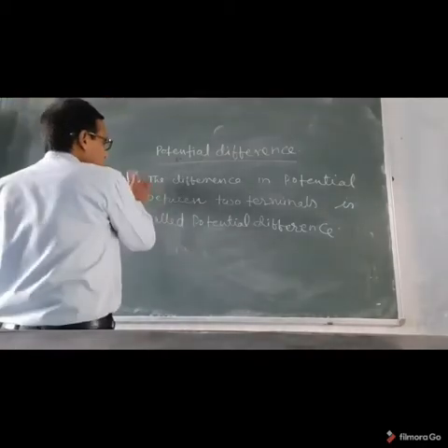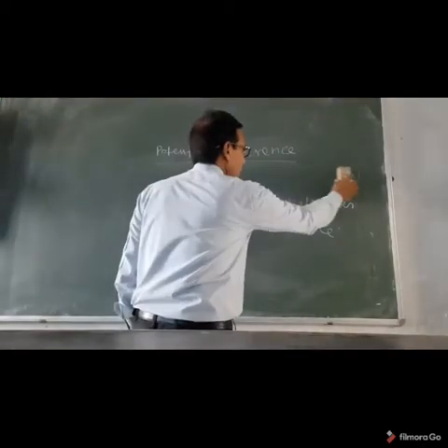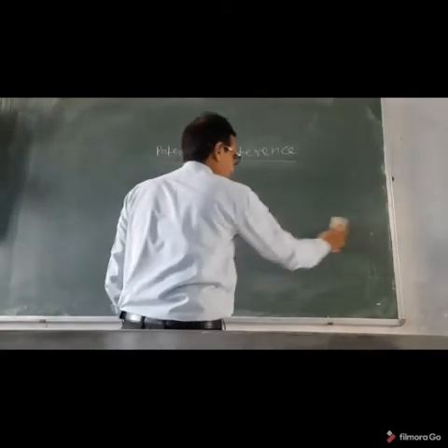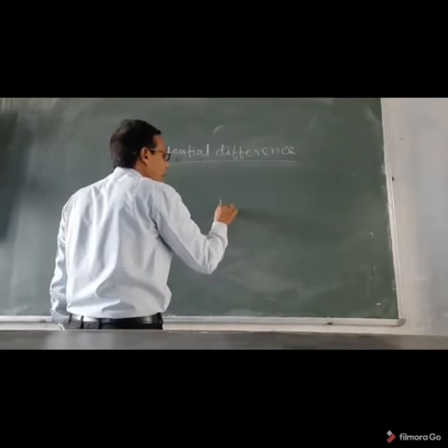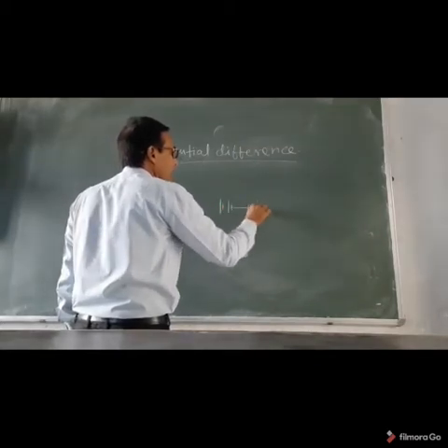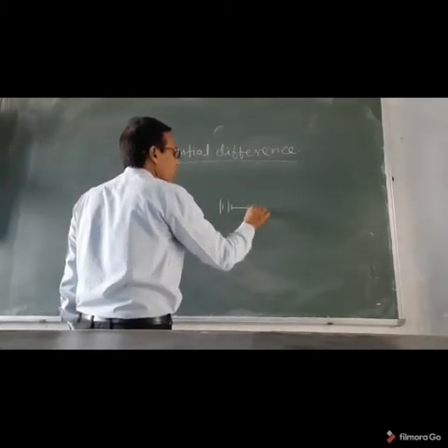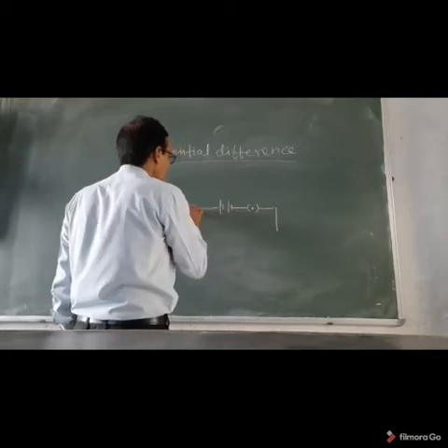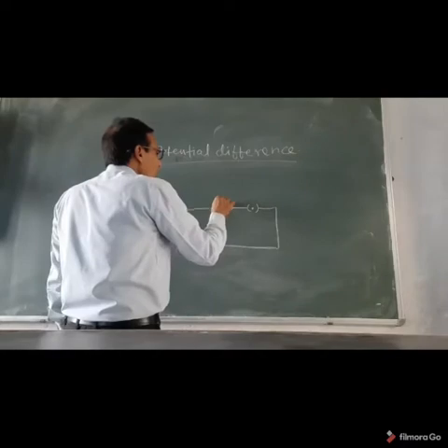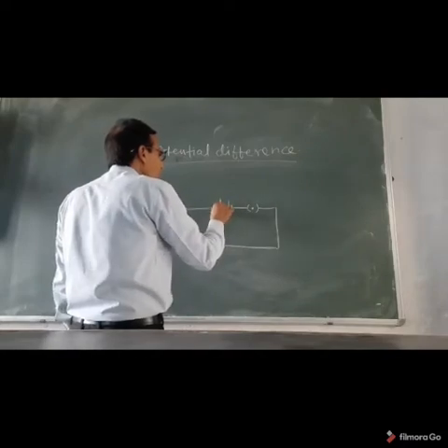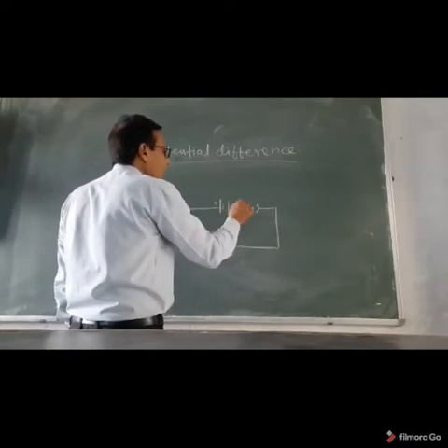How do you understand this term, potential difference? Suppose this is a battery connected with a closed key. The bigger line is the positive terminal, and this is the negative terminal.